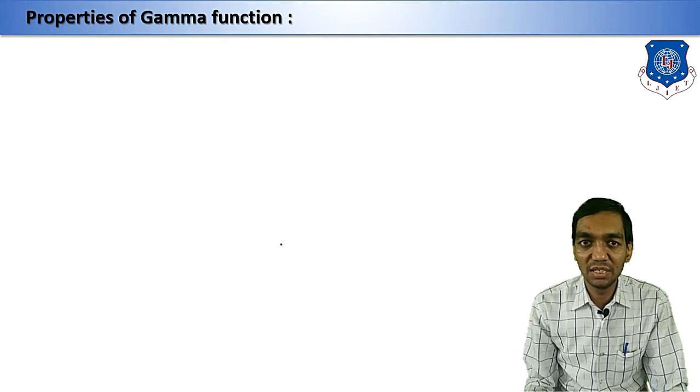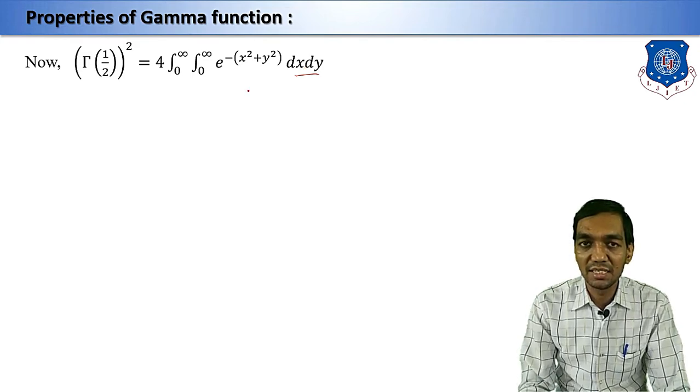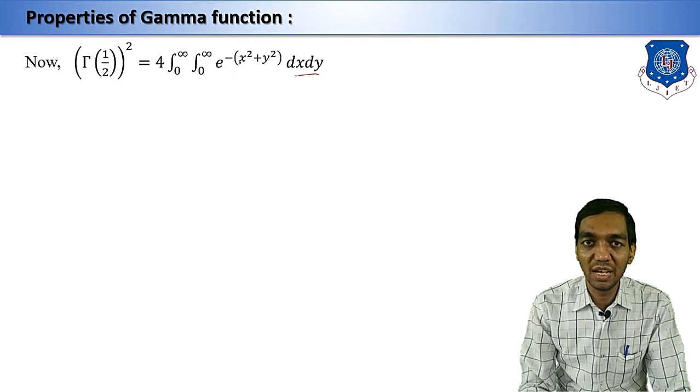And that will be nothing but 4 times double integration 0 to infinity e raised to minus of x square plus y square dx dy. See, 2 into 2 is 4, and we write the integrations in the form of a double integration, with the common e raised to minus x square minus y square, common out the minus, that gives e raised to minus of x square plus y square.